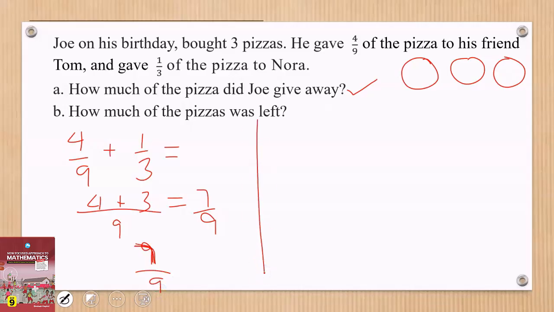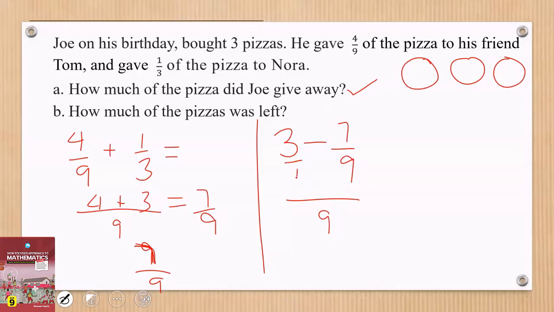Okay. Then the next question is how much of the pizza was left. Now in all we had 3 pizzas. So if you want to know how much is left, then we can take away the 7/9 from it. And that, of course, we have LCM here again to be 9. Here is 3 over 1.